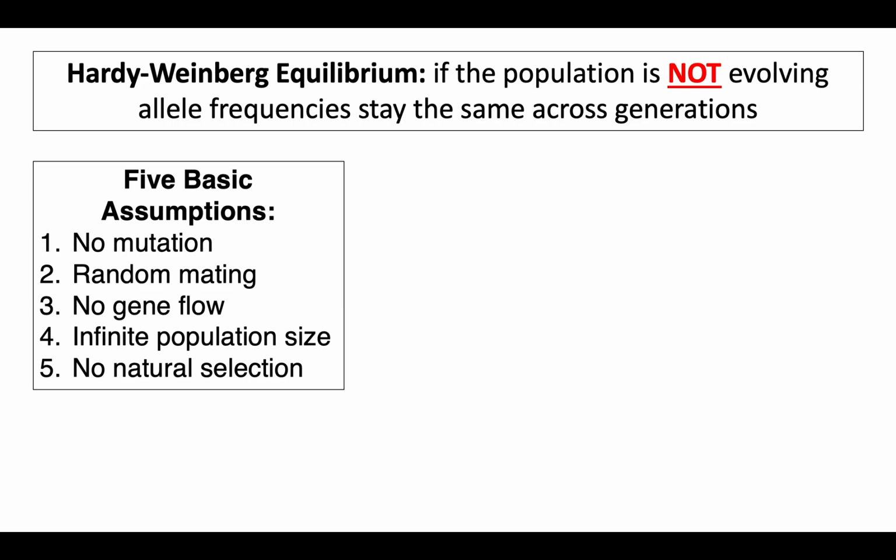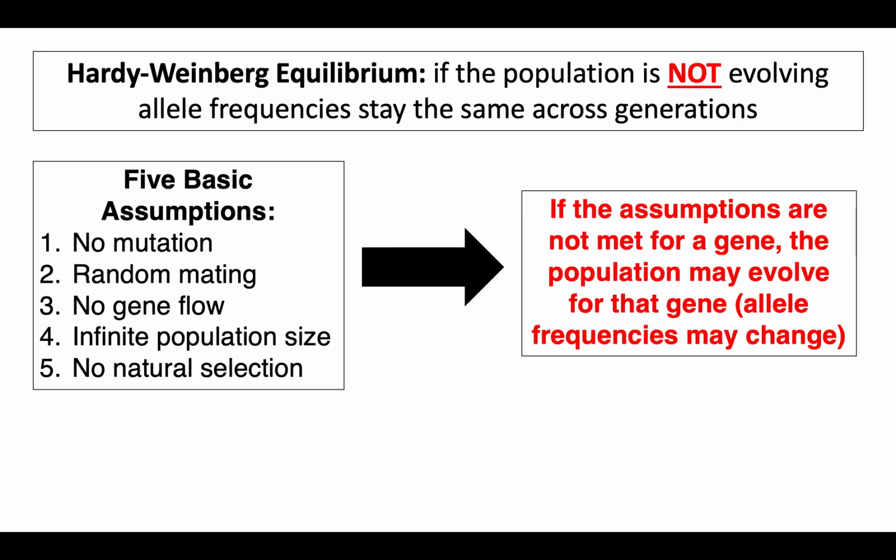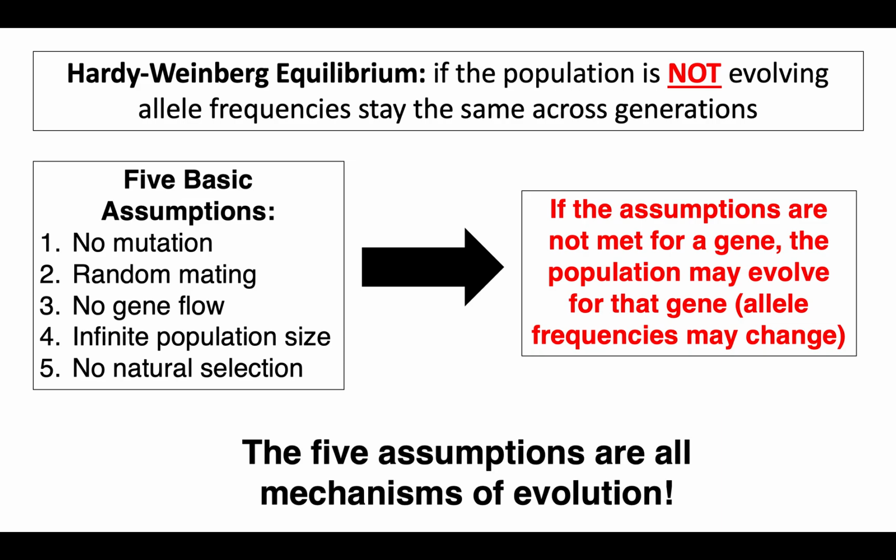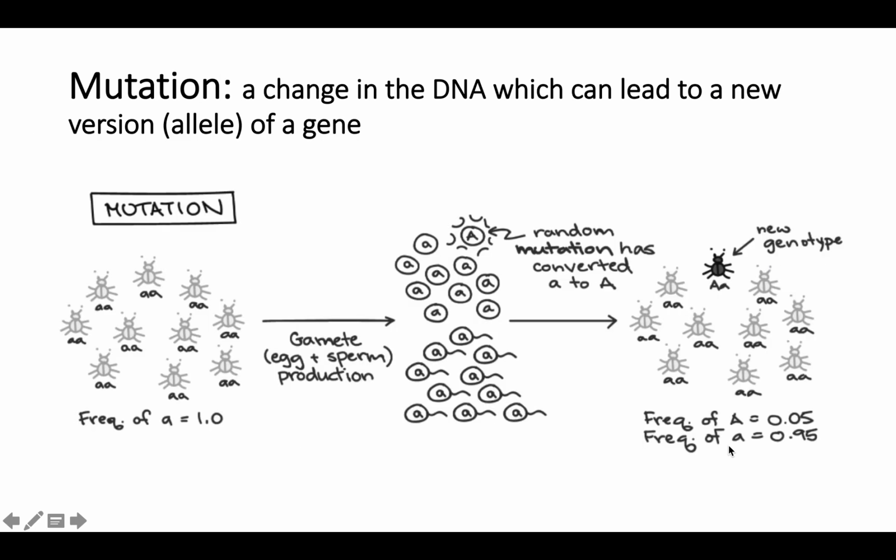There's got to be an infinite population size and no natural selection occurring. Right? So if these assumptions are met for a gene, the population is not evolving. If these assumptions are not met for a gene, the population may be evolving, meaning the allele frequencies may be changing. And if you look at this, the 5 assumptions here are really all mechanisms that drive evolution, right?